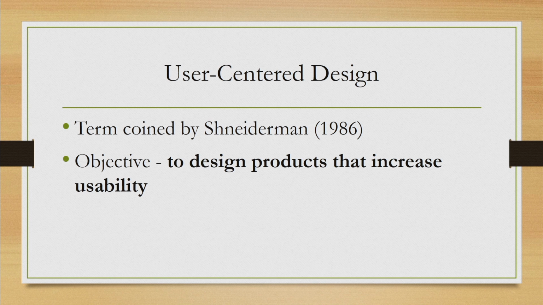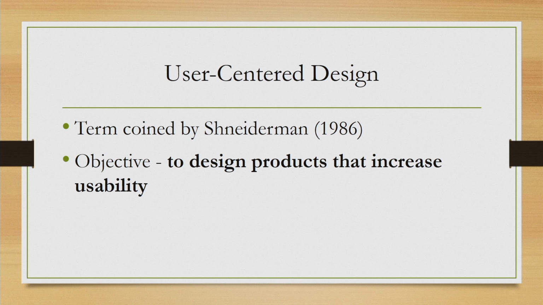Now, once we know how to measure usability in terms of these five components, the next is the relation of usability to user centric design. As we have mentioned in one of the earlier lectures, this term user centric design was coined by Shneiderman in 1986, and the objective of user centric design is to design products that increase usability.